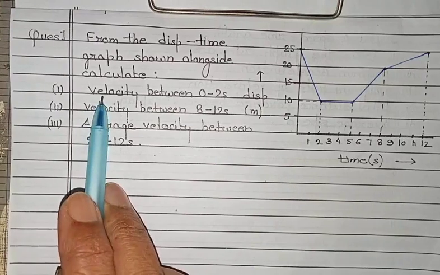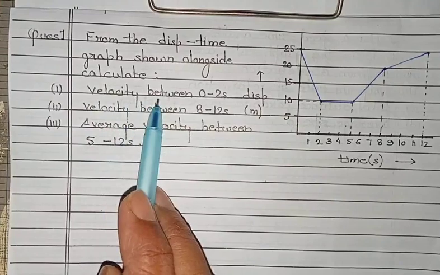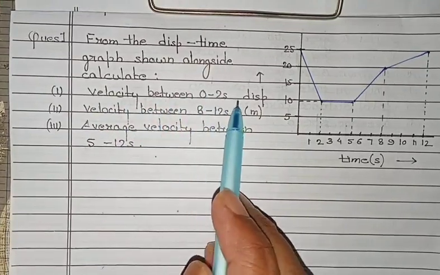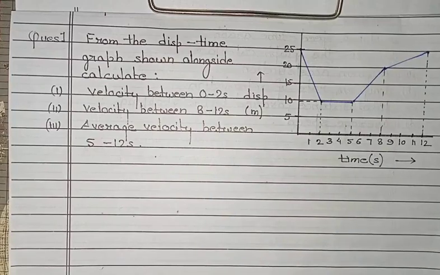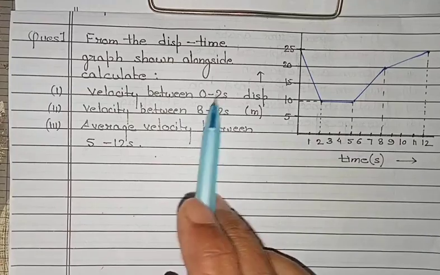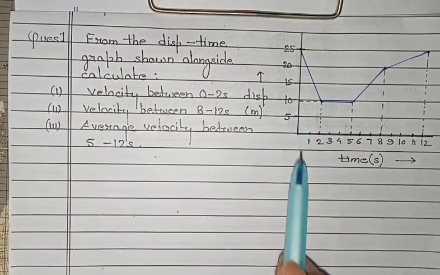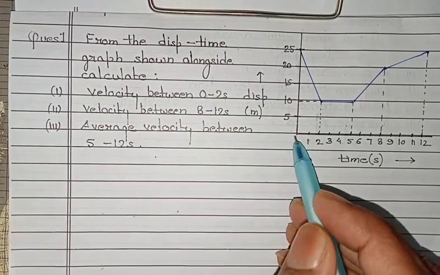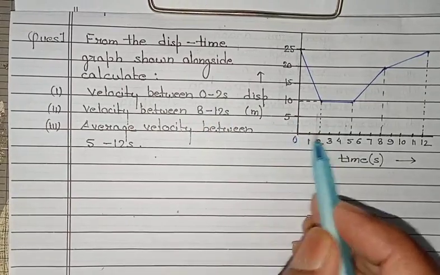Now see, in the first part they have asked you to calculate velocity between 0 to 2 seconds. Now in the graph, if you see, you will find the sketch between 0 to 2 seconds.